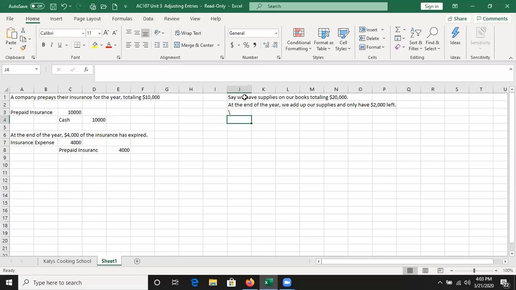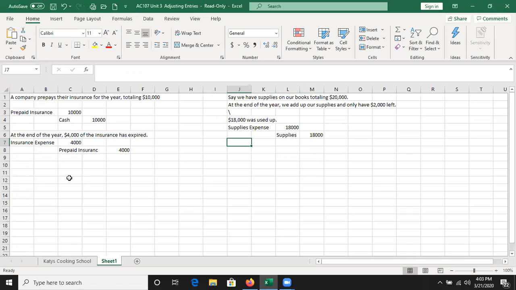So if we had $20,000, but now we only have $2,000 left, that means $18,000 was used up. This difference of $18,000 gets moved out of supplies and into expense. So we would debit supplies expense $18,000. We would credit supplies $18,000.